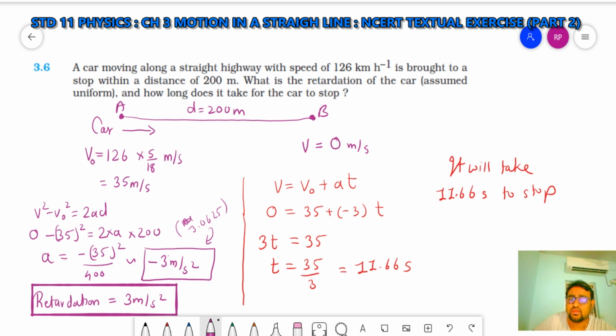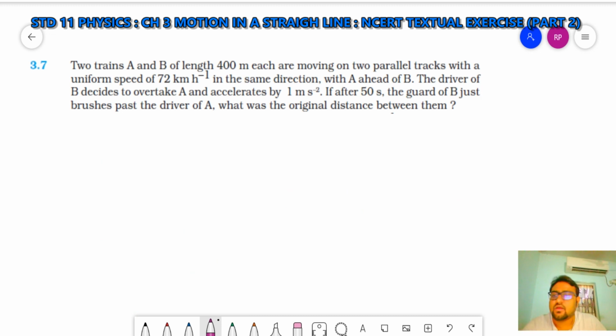Now let's move to the next question, that is 3.7. Two trains A and B of length 400 meter each are moving on two parallel tracks with a uniform speed of 72 kilometer per hour in the same direction, with A ahead of B. So see what I can tell.